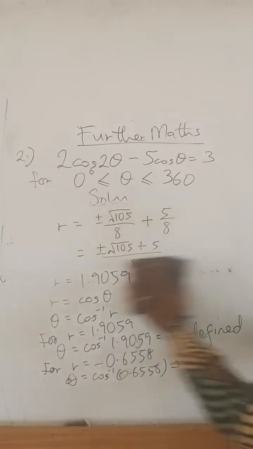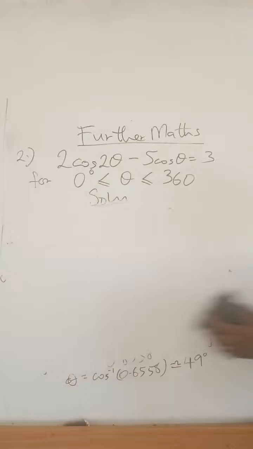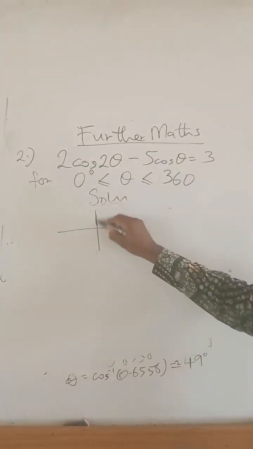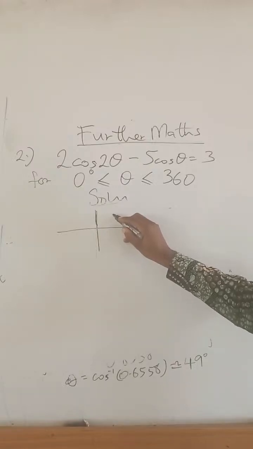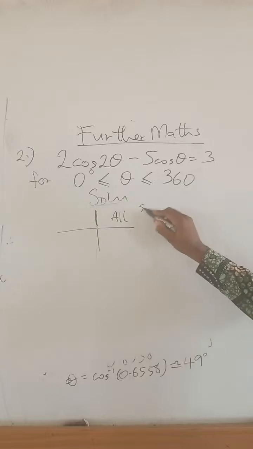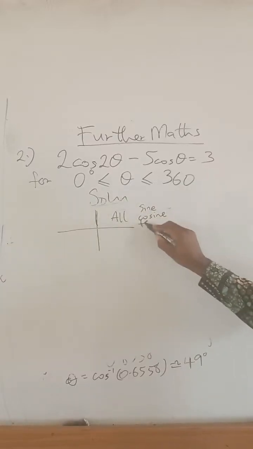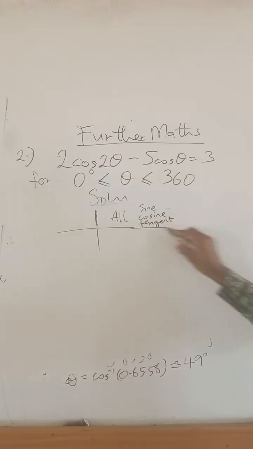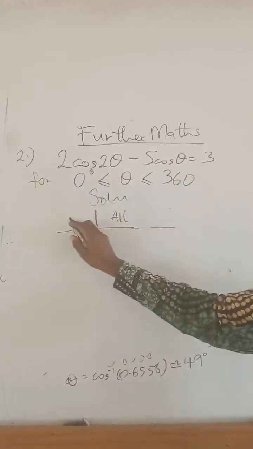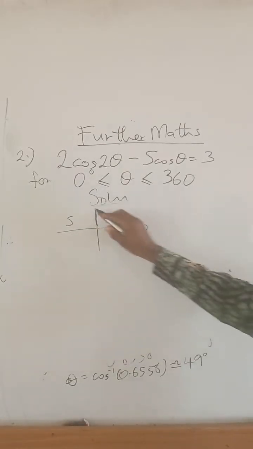Now permit me to wipe. We're using theta as 49. Now consider the 4 quadrants. In the first, sine, cosine, and tangent are all positive. That's why I placed all. In the second quadrant, only sine is positive. The first quadrant is between 0 and 90 degrees.